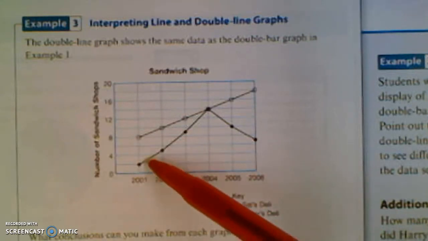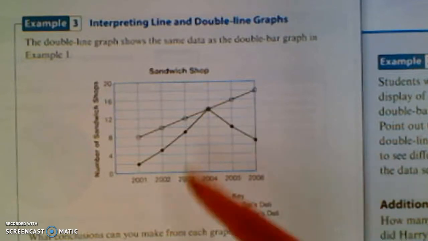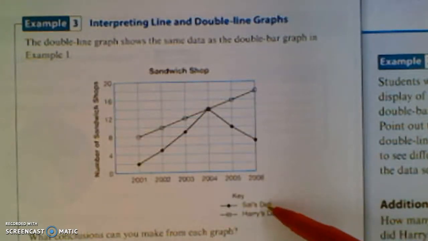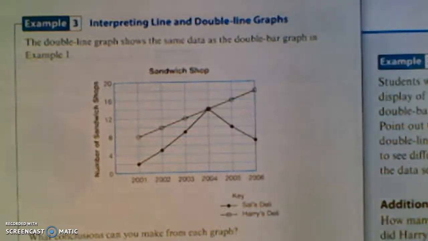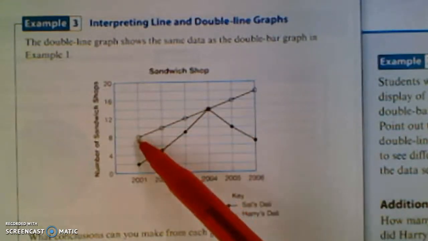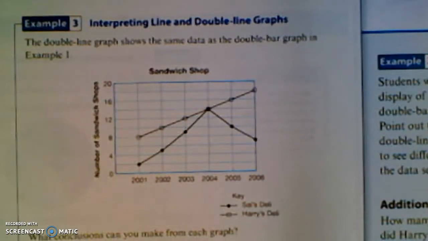And even as you can see, it grows at a more rapid rate, the curve, more rapid than Harry's did. And as we pointed out previously, in 2004 they had the same number, but in every other year, Harry had more delis than Sal. So again, a double line graph allows you to notice trends in data over time more easily.